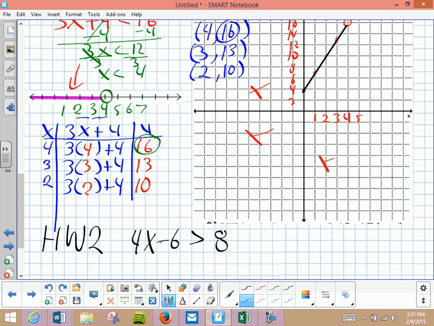No, that won't work. 14. 16. Yeah, 16. 6 would work. Add 6 and then it equals 12. All right, so that's the other homework.